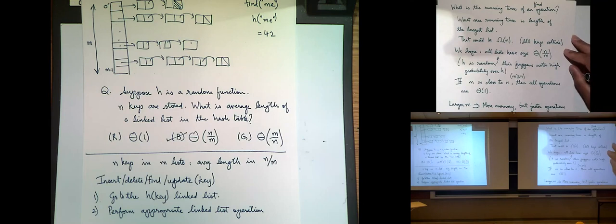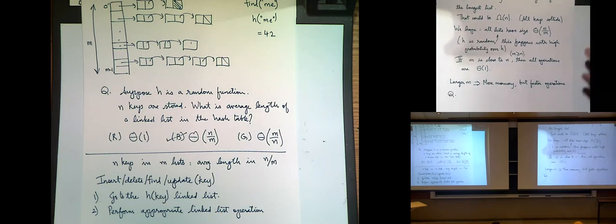Okay, so question. How many pointers need to be stored in a hash table?